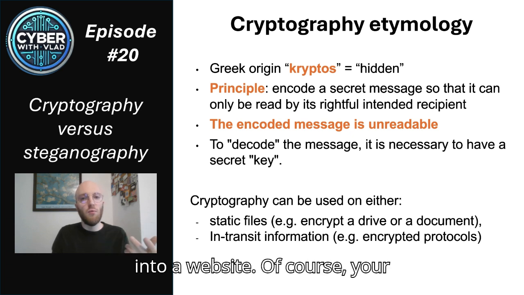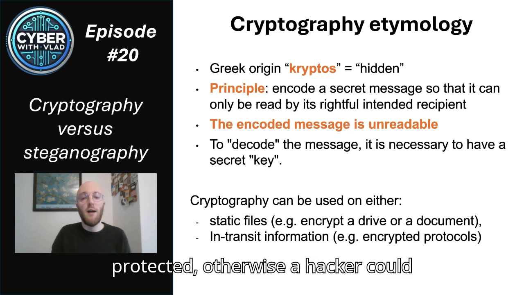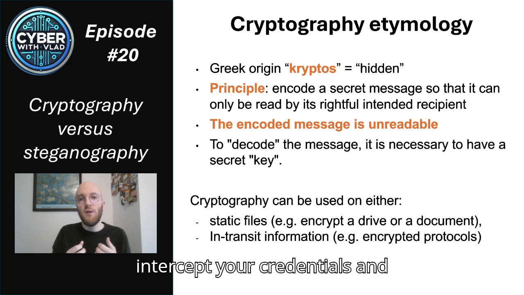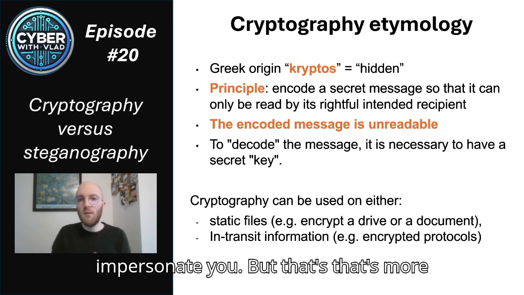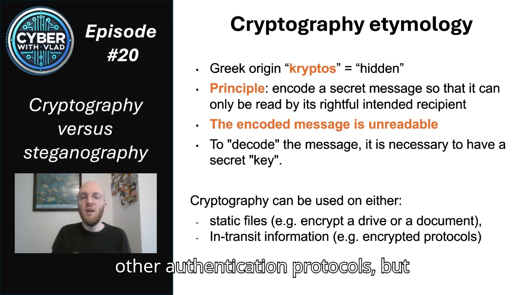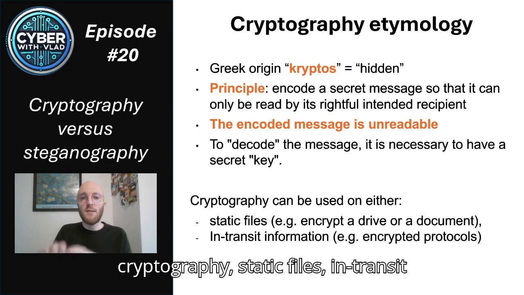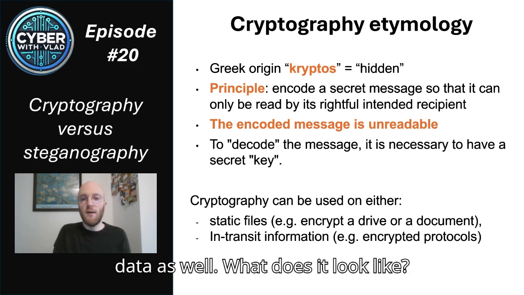When you log in to a website, of course, your secrets and credentials are meant to be protected. Otherwise, a hacker could intercept your credentials and impersonate you. But that's more for later on. We will look at HTTPS and other authentication protocols, but that's just an illustration. So cryptography: static files, in-transit data as well.